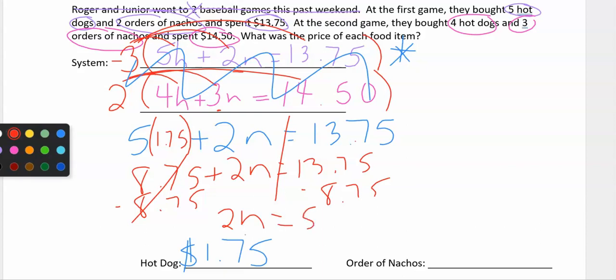That worked out a little bit nicer. And then your last step, divide by 2. So n is going to equal, 5 divided by 2 is $2.50. $2.50 for nachos. That makes sense. All right, I hope this was helpful, and I hope you guys feel more prepared for solving systems to do a lot better on your retake test.